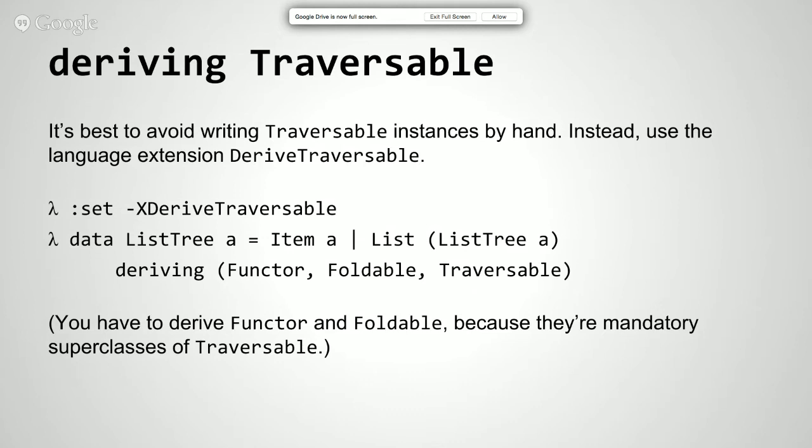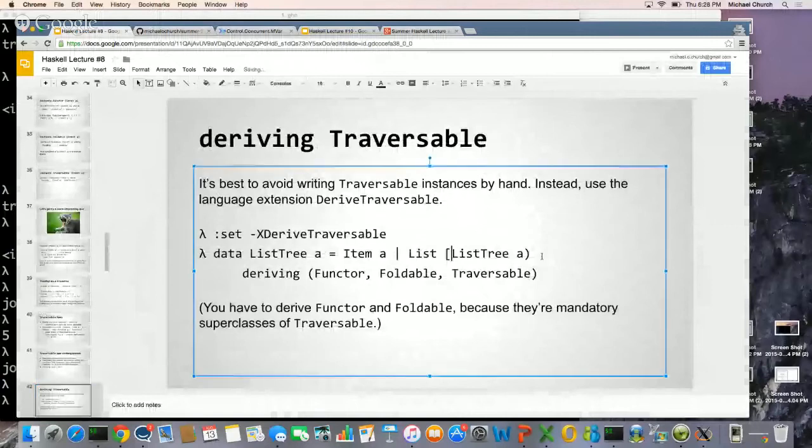Can you remind me how deriving works automatically with more complex types like this? I can try. With a functor, there's a clear structure that's laid out, like item A would map to item B, and a list of tree of A would map across the lists using the functor there.